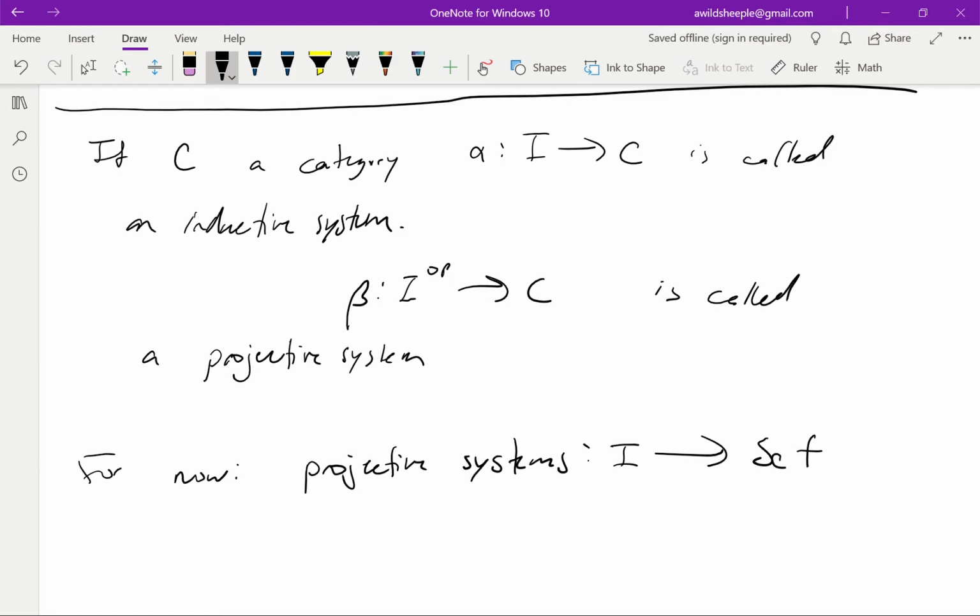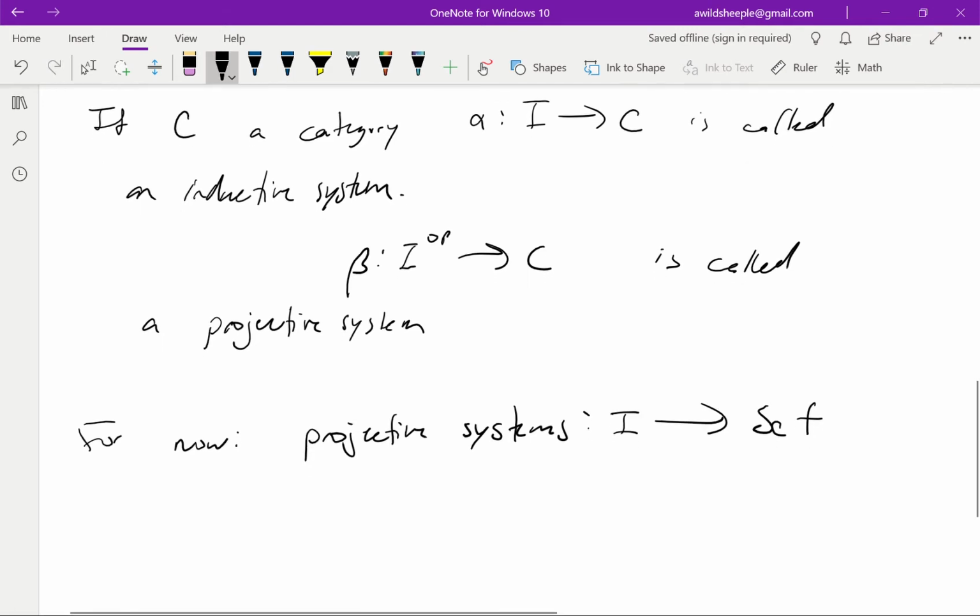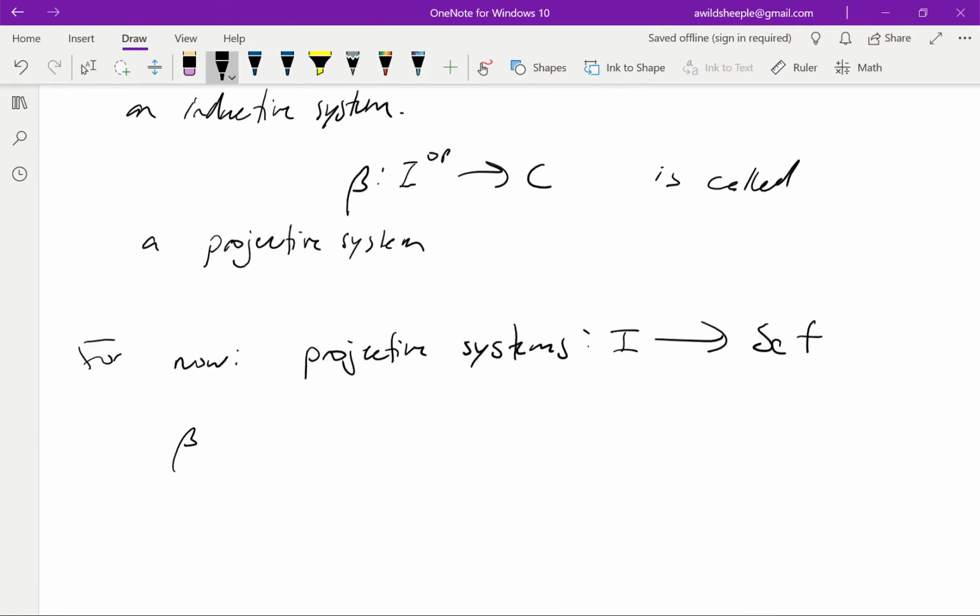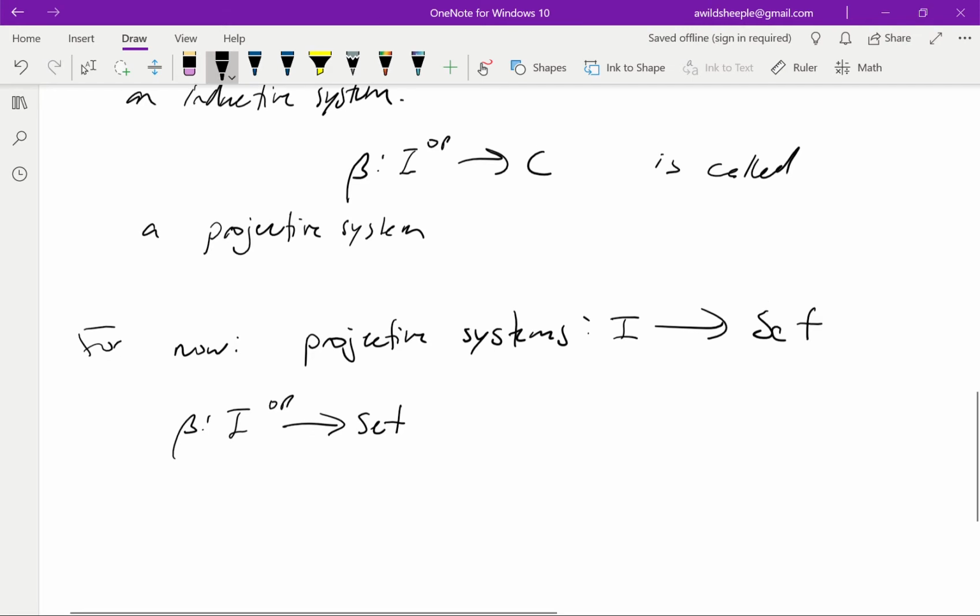And the primary way that we're going to springboard ourselves forward to the general theory will be the Yoneda lemma. So let's start with some projective system, beta from I op to Set. And we're going to denote with a star a category with one element and one morphism.